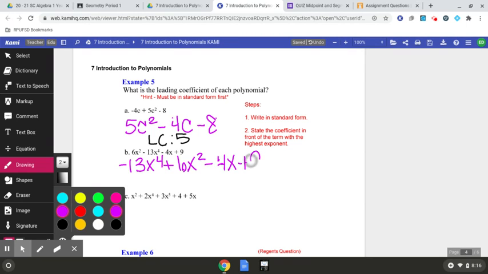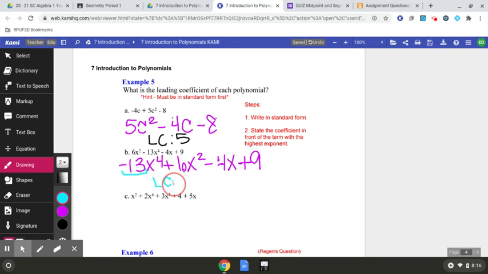And then a positive 9. So my leading coefficient now, the number in the front, is this negative 13. The biggest mistake is that you forget to take the sign with it. So it's super important that you remember that.